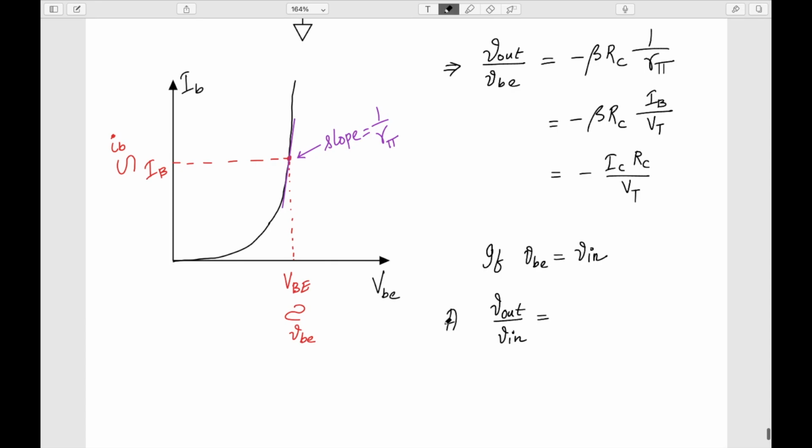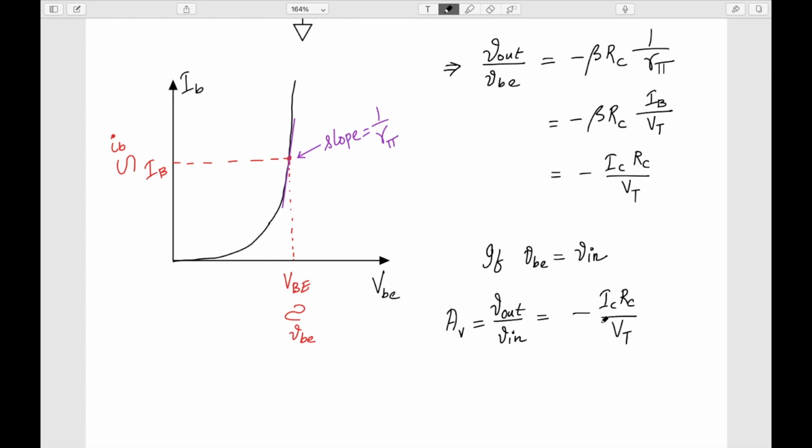Sometimes it is represented by A_V, the amplification of the voltage, equal to minus IC RC, of course this is the DC IC, by VT. By selecting a suitable value of IC RC, we can get a gain which is even more than 100, and VT at room temperature is 26 millivolt.